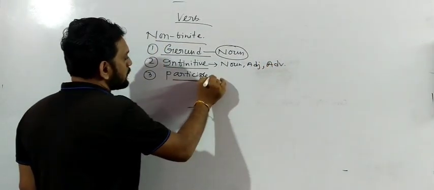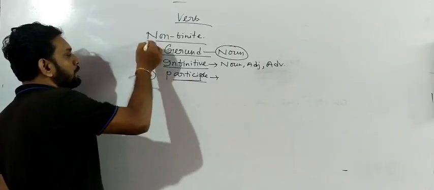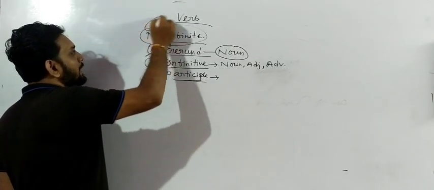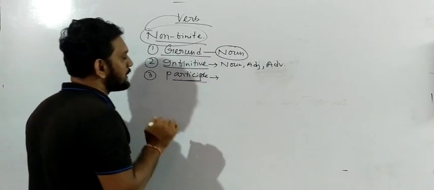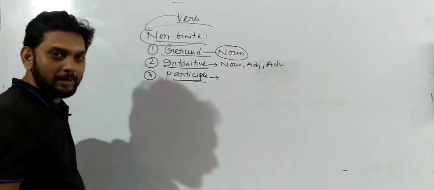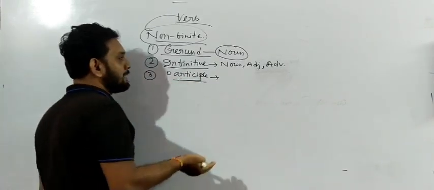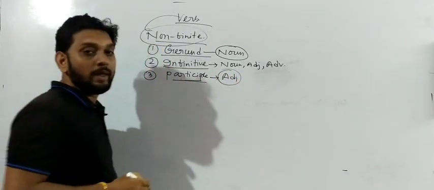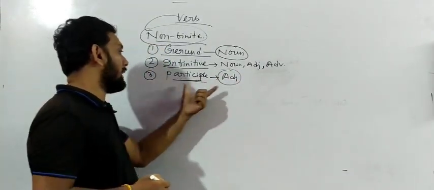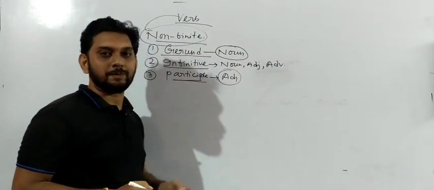And participle is also part of the non-finite verb, and non-finite is a part of the verb, but participle also does not act like a verb, it acts like an adjective. Got my point? It always functions as an adjective.